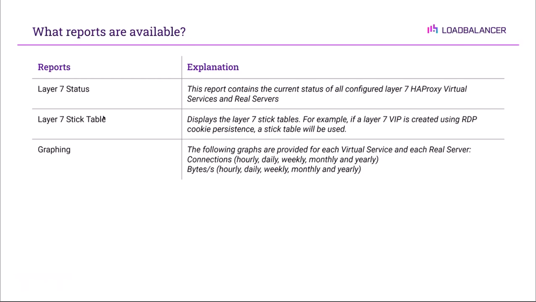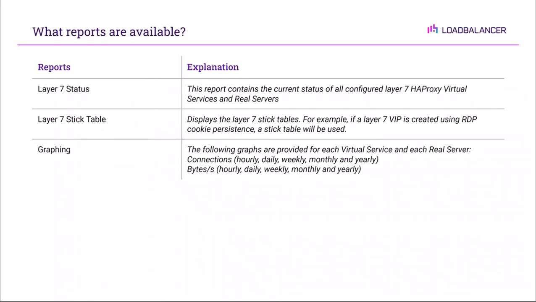So we have a layer 7 status, which opens a separate tab that produces quite a big table that has a lot of data regarding all of the virtual services and real servers. So it will show you things such as when the last health check failed or passed, the number of connections, as well as the throughput, etc.